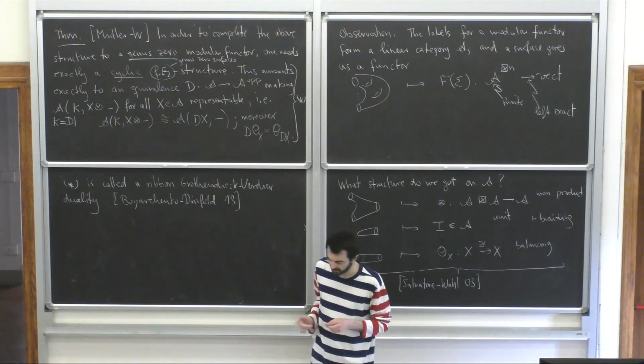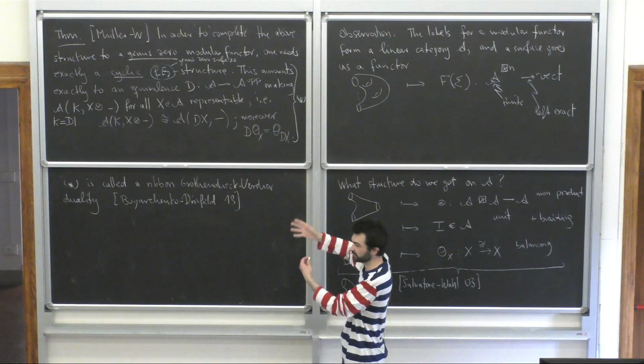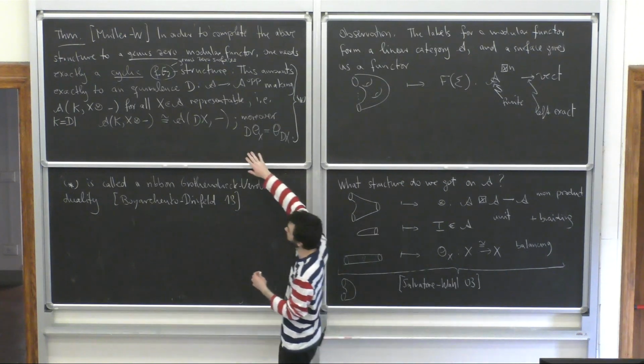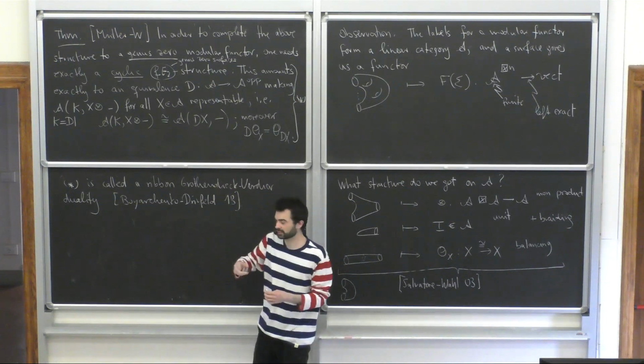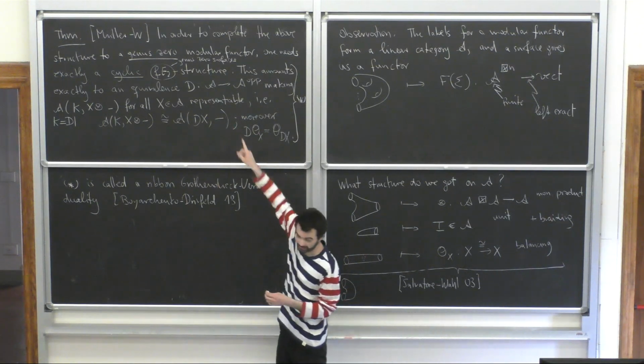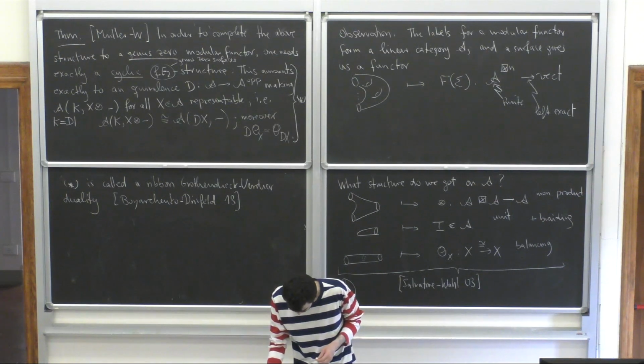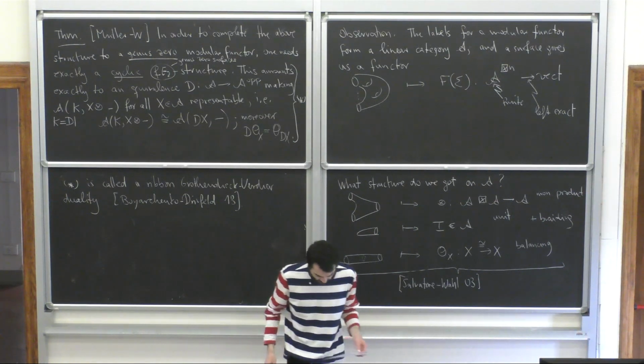In fact, if you apply the dual to the product of something, you map the monoidal product to a different monoidal product. So an equivalent way of thinking about this is a category with two monoidal products that are interchanged by this D.